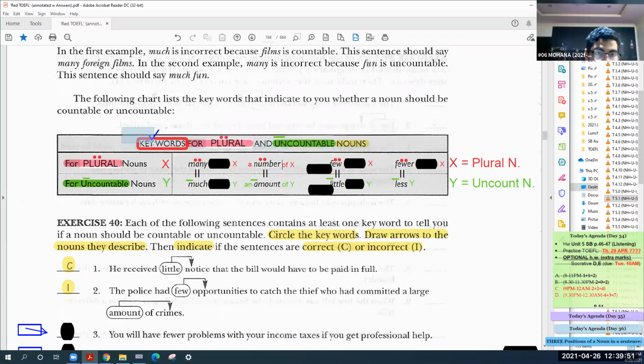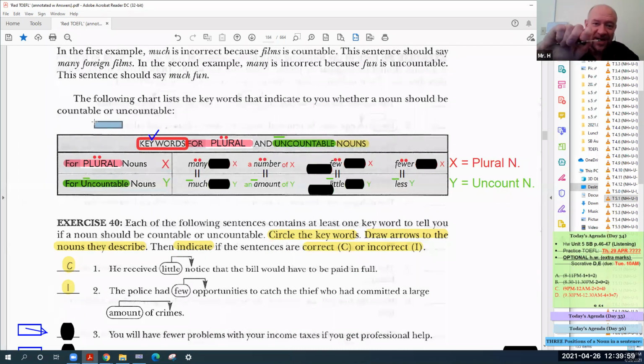Keywords for plural and uncountable nouns. Now, you know the meaning of keyword. What is the meaning of keyword? In Arabic, give you the answer. A keyword will unlock the answer. You understand? Yeah, a keyword will unlock the answer.